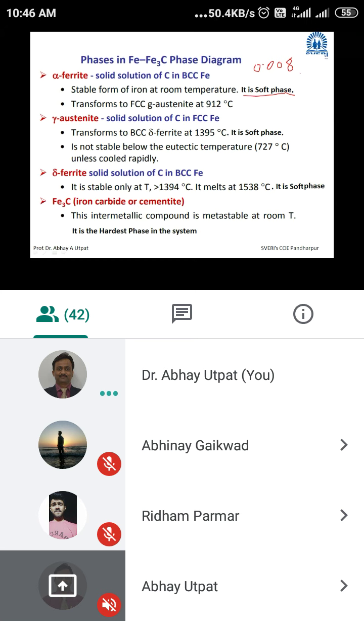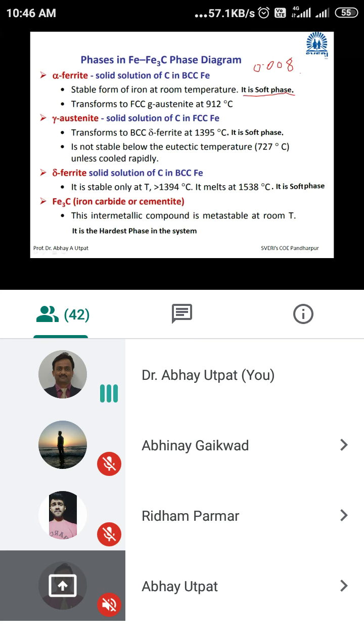Okay. Now, what is the meaning of the word austenite? The scientist Austin started experiments on steel. When he went on heating the steel above the temperature range 727 to 910, he checked the crystal structure and observed that it is no more BCC.